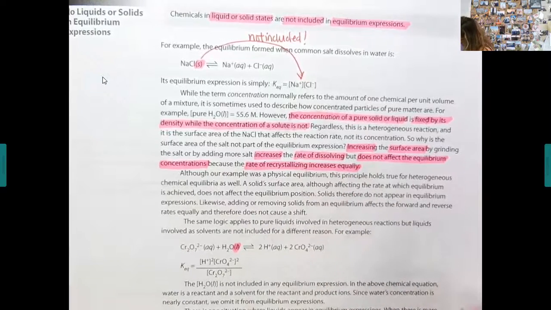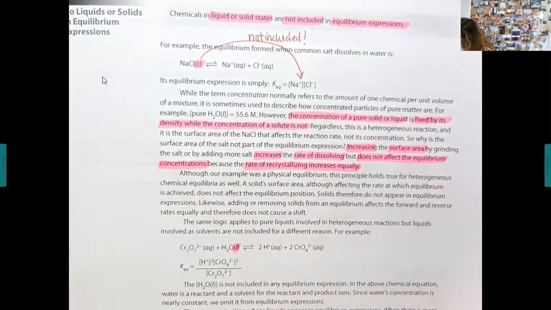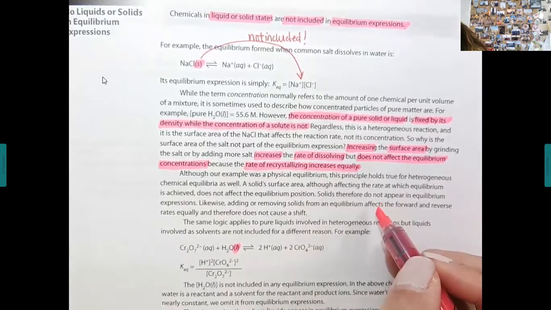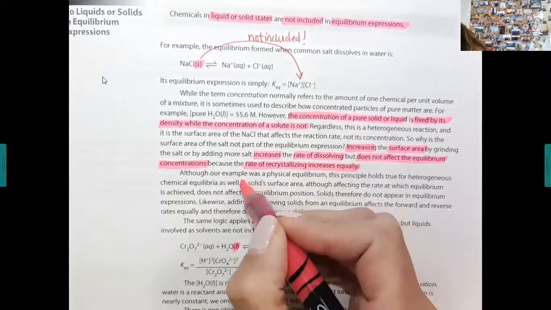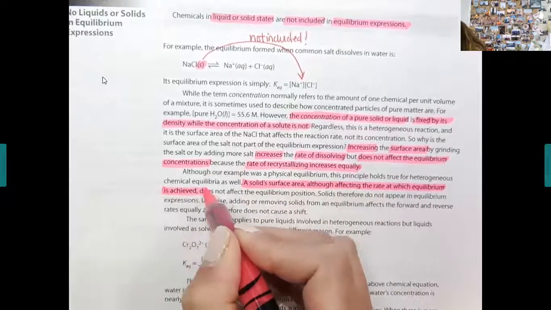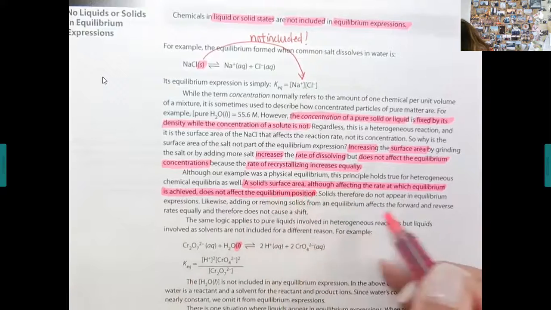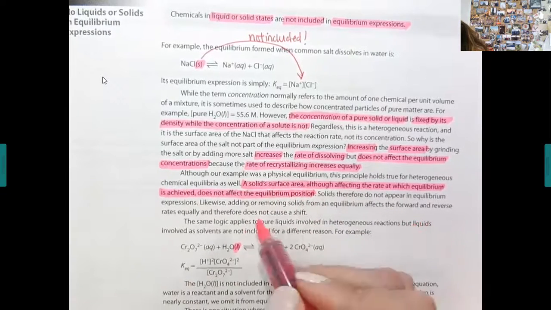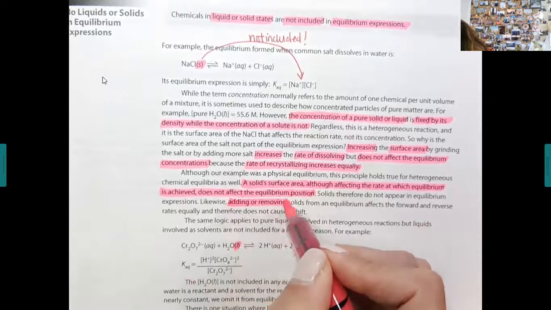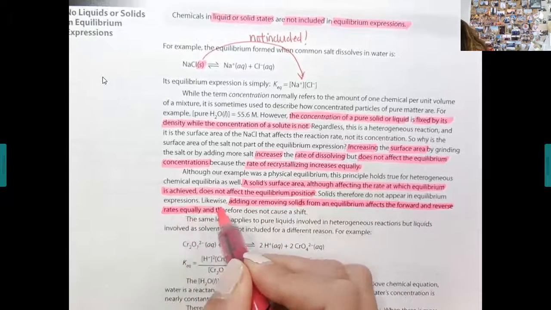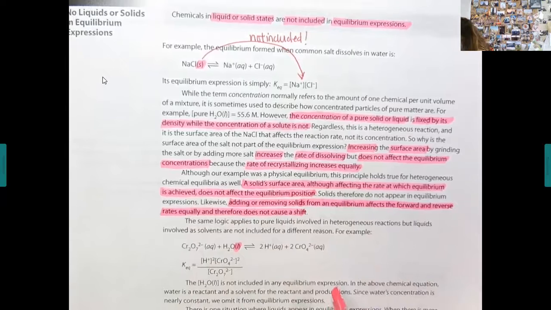So that's one of the reasons why we don't include solids. A solid's surface area, although affecting the rate at which equilibrium is achieved, does not affect the equilibrium position. Adding or removing solids from an equilibrium affects the forward and the reverse rates the same. That's why you don't see some sort of a shift.